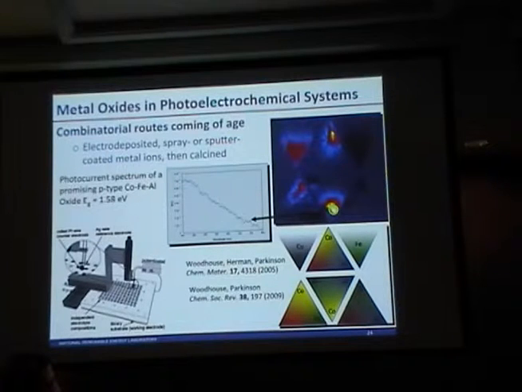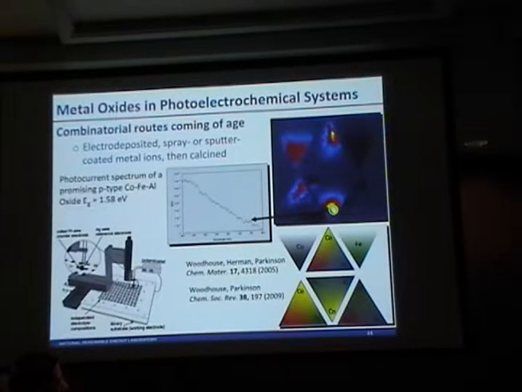Then you do a little photoelectrochemistry, and you see where you get a hot spot, and then you actually probe that hot spot a little bit. And this is an incident photon current efficiency, or IPCE, external quantum yield of this cobalt iron aluminum oxide, which has a band gap about 1.6 eV, which, as Art was saying, is just about perfect.